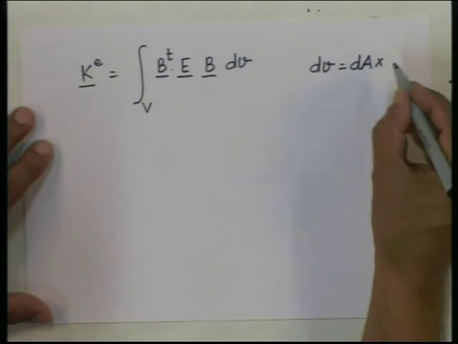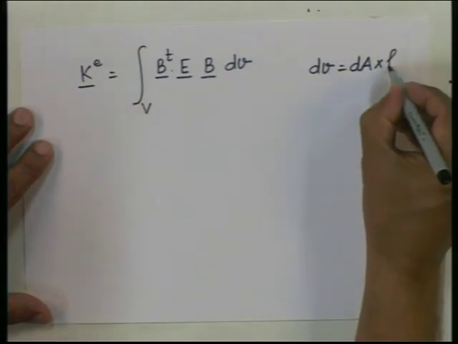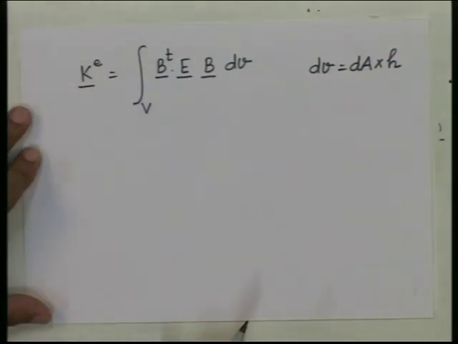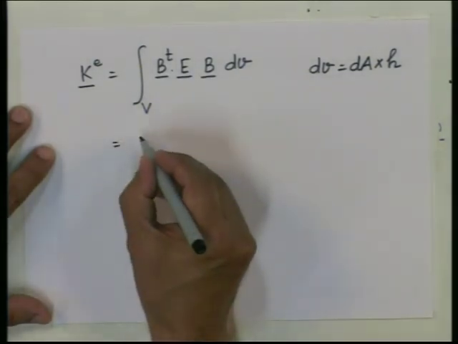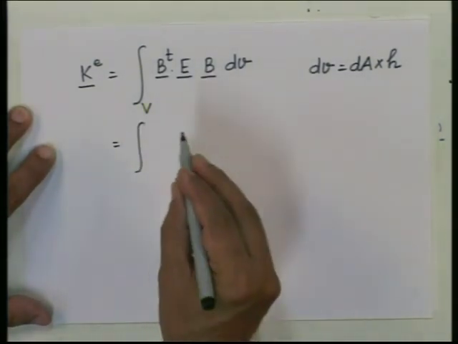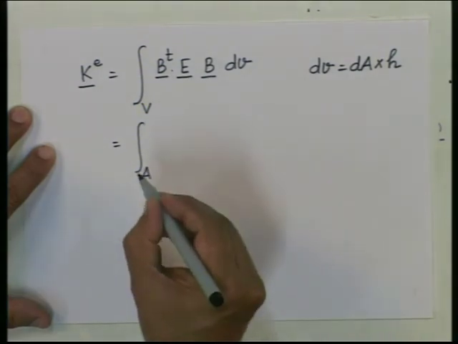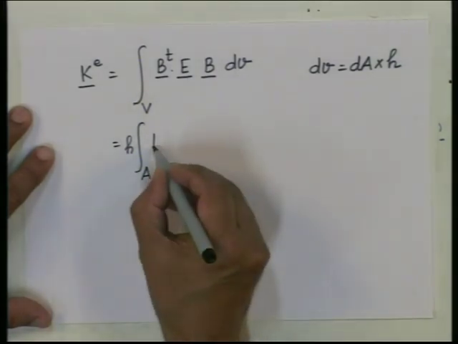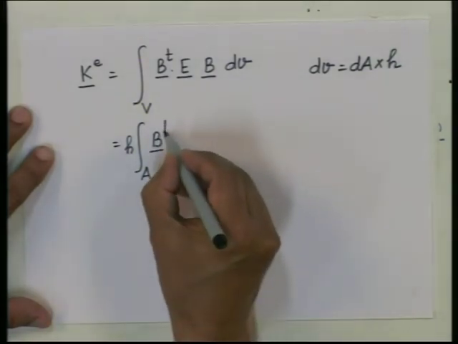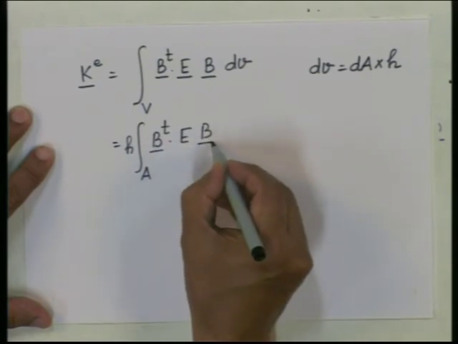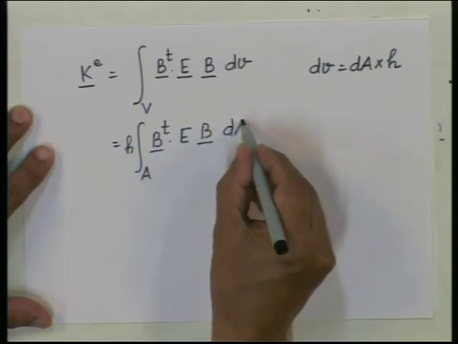Let us call the thickness h. So, h will be constant over the entire triangle, and therefore this can be evaluated as h times the integral over area of B transpose E B dA.